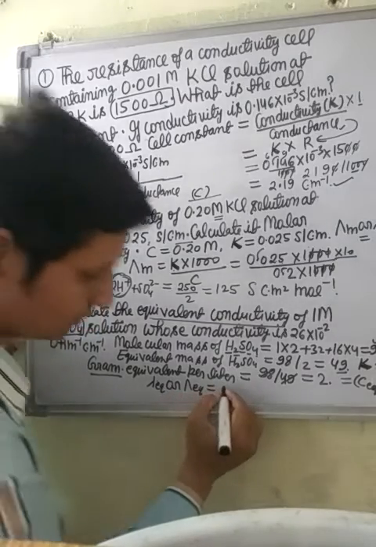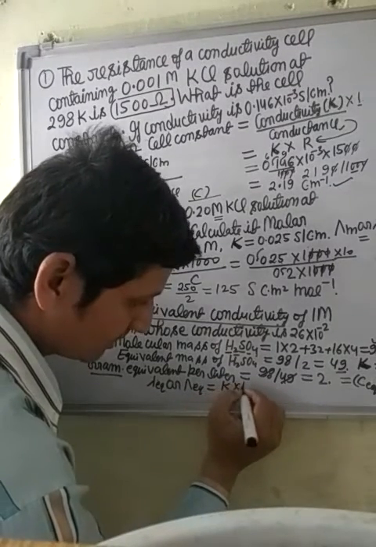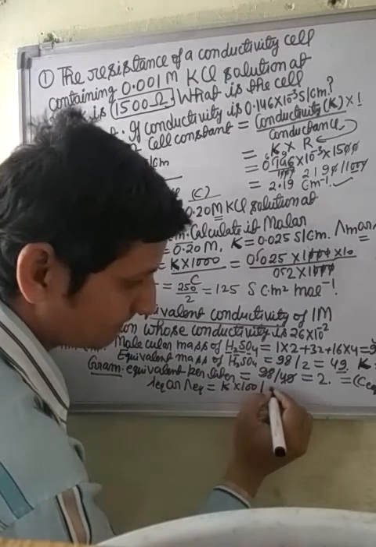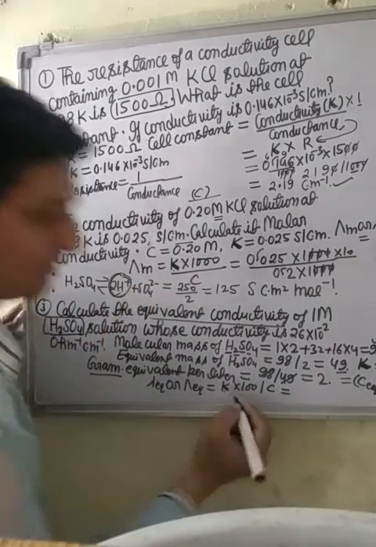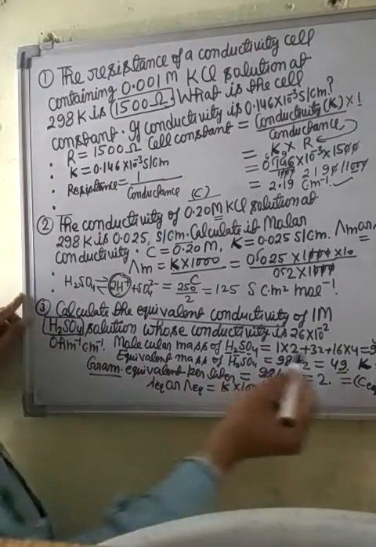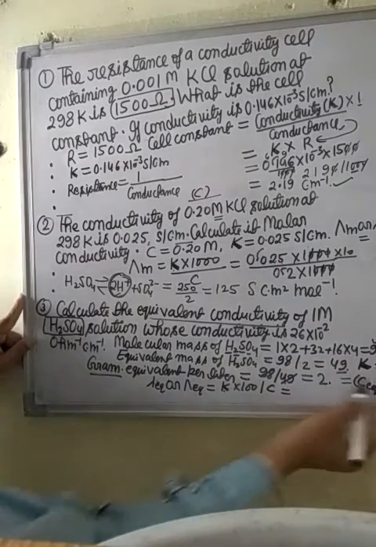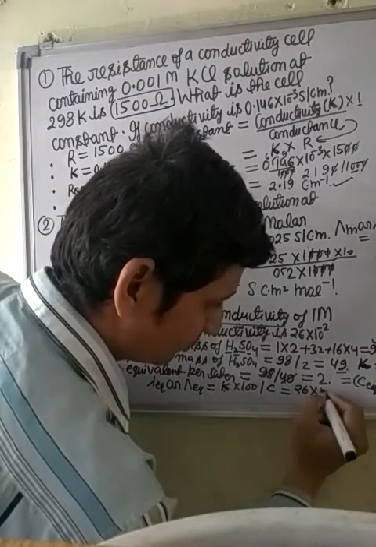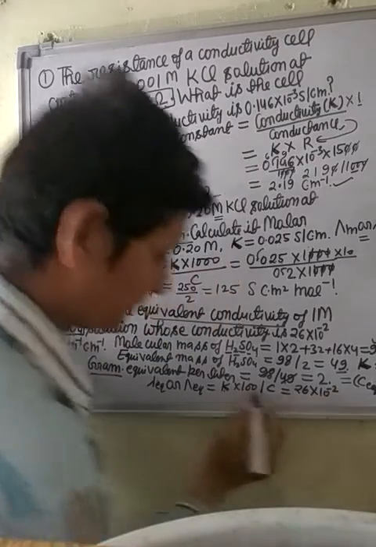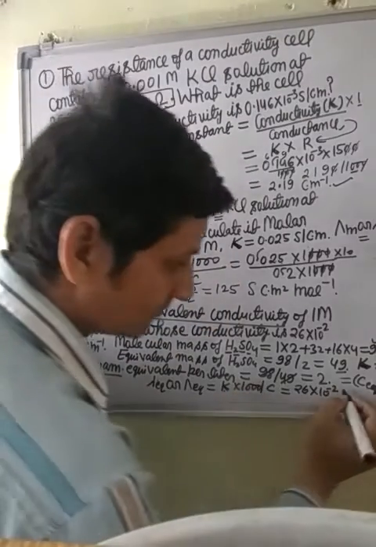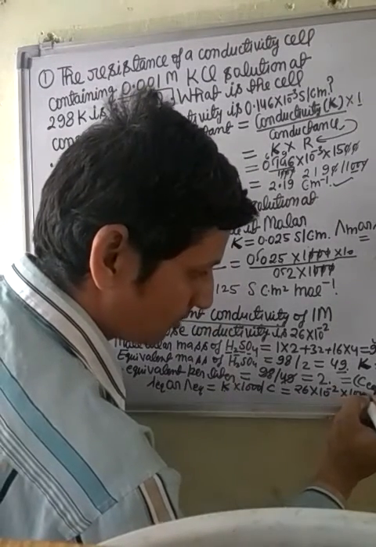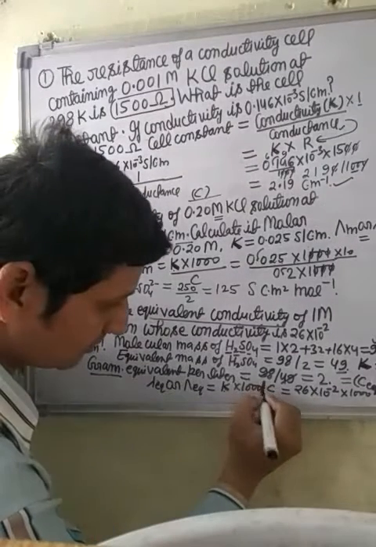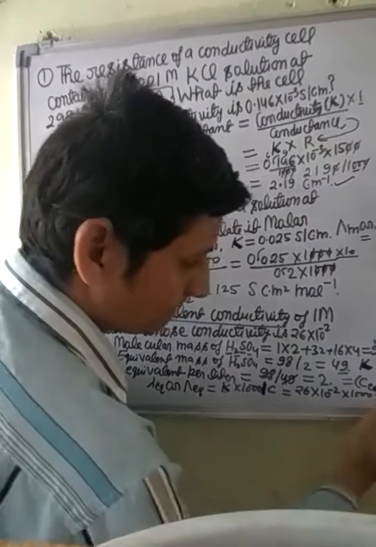Lambda EQ is equal to kappa into 1000 upon C. Value of kappa in the question is 26 into 10 to the power minus 2 into 1000 upon C. Here C is given, so divided by 2.